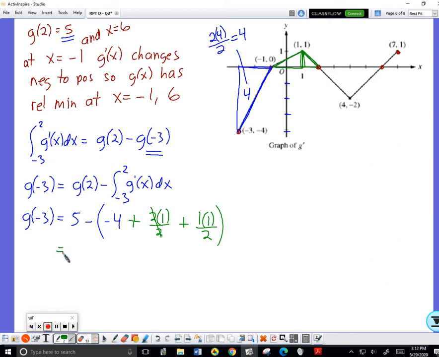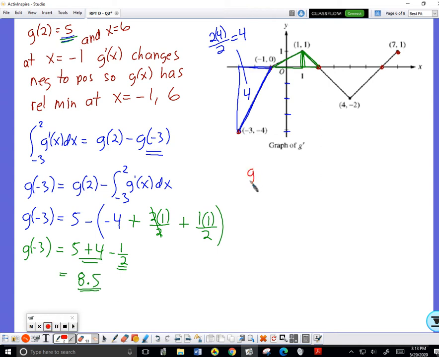So g of -3, distributing the negative, this will become plus 4 minus a half. So that's going to equal 9 minus a half, or 8.5. So currently that seems to be the largest value of g. Now we go find the other one.